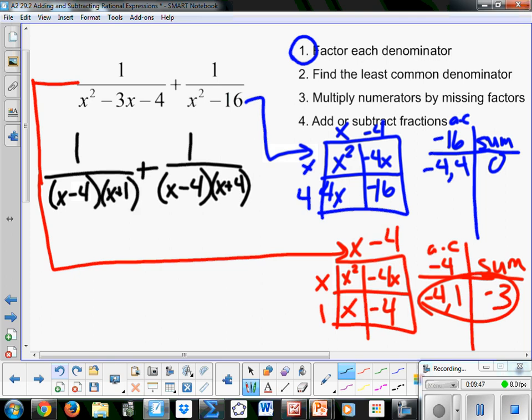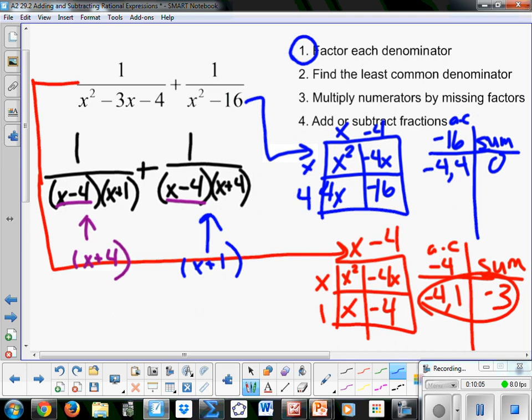Okay, so our denominators have something in common here. They've got an x minus 4 in common, but this one's missing an x plus 4, and this one's missing an x plus 1.